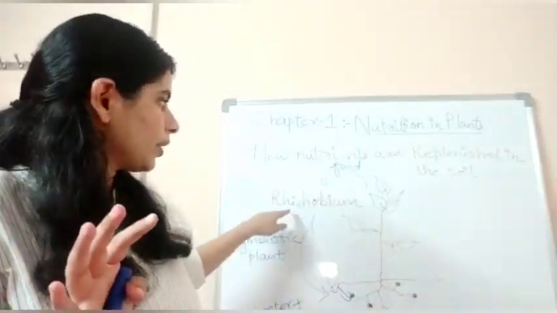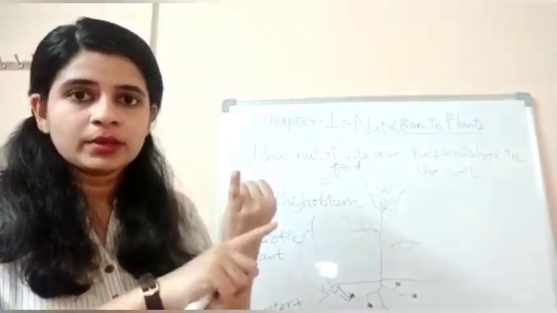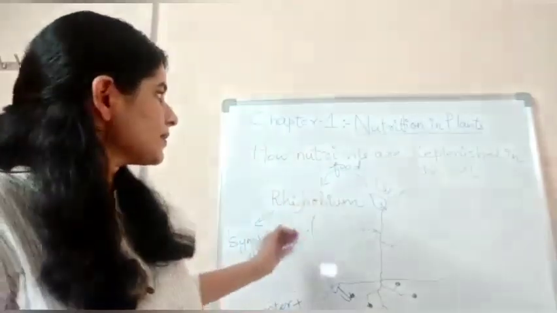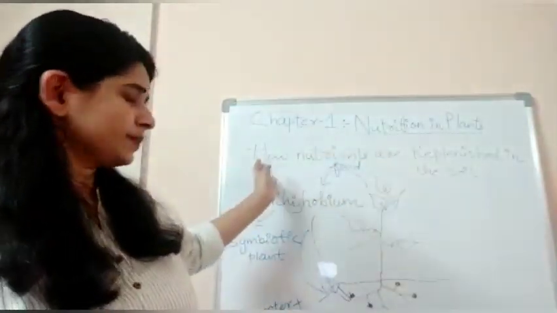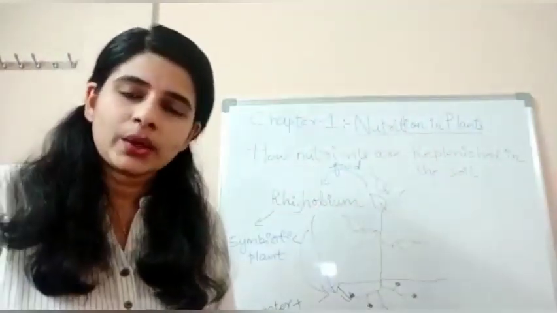That is how they maintain a symbiotic relationship. The bacteria Rhizobium and the leguminous plants are an example of symbiosis. This is how plants replenish nutrients from the soil.